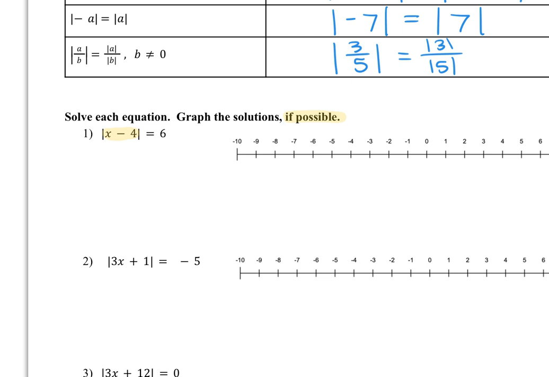Because I have those two options, I have to solve two separate ways. So anytime we have an absolute value equal to a positive number, because that's my second check, if this number is not positive, there's no way I can solve it.